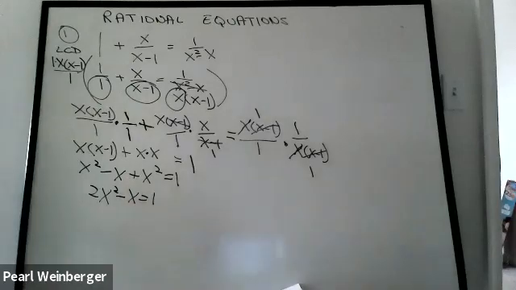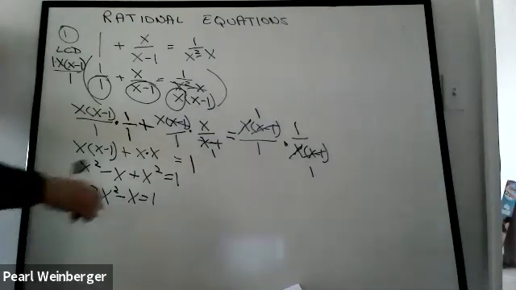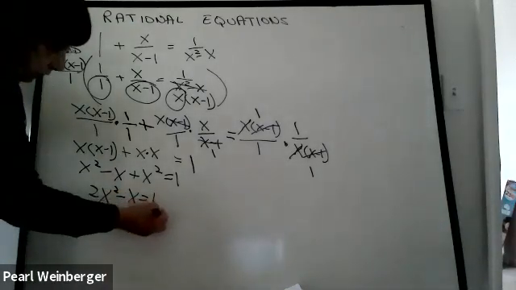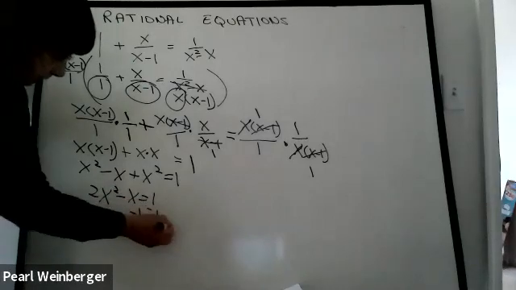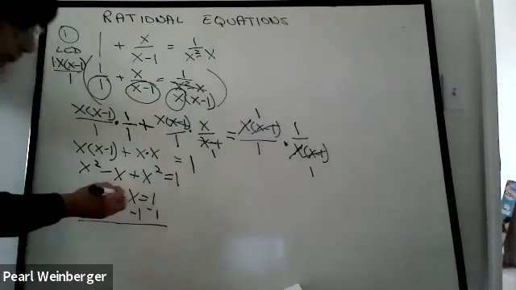And it turns out what I have here is a quadratic equation. Sometimes my equations turn out to be linear. Sometimes they turn out to be quadratic. Now we know when it's quadratic, we have to factor. So I'm going to bring the 1 to the other side. You have to set it equal to 0.